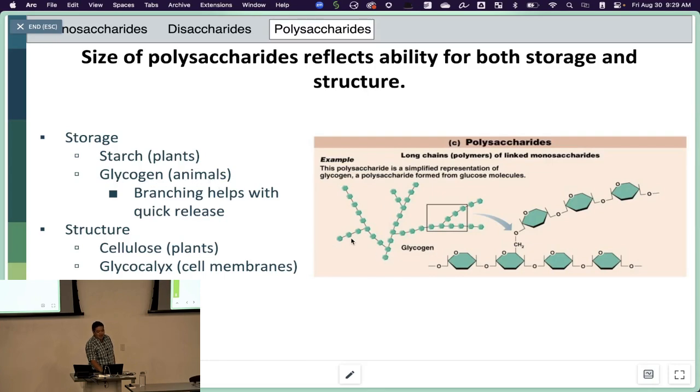Glycogen in animals is a bunch of glucoses all connected together, right? This is good. Glycogen is good to have in your body because if your blood sugar, for example, goes too low, your body can stimulate glycogen to start breaking down, releasing glucose into your bloodstream.